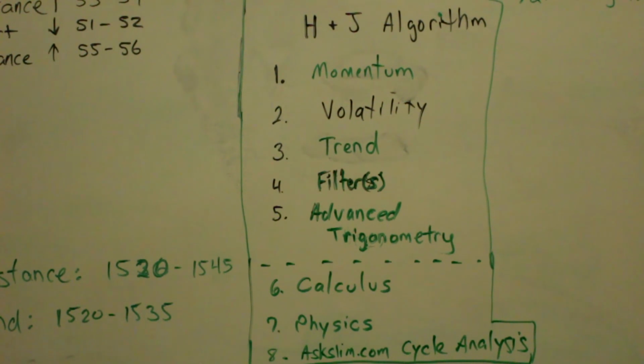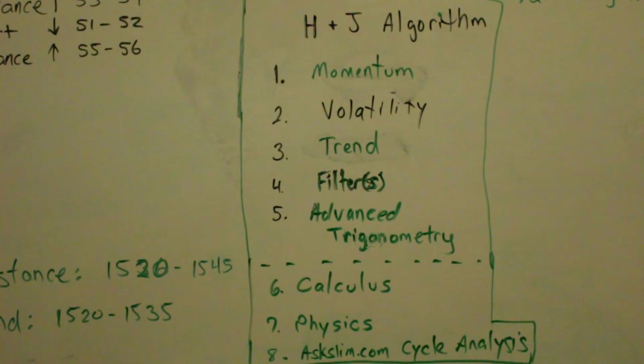Now, the things that are not specifically in the algorithm, but we still employ them to help make good trades: number 6 is calculus, okay? And calculus is really just born out of the summation of infinitesimally small differences, okay? For those that are familiar with mathematics, today they call that integrals and derivatives, okay?